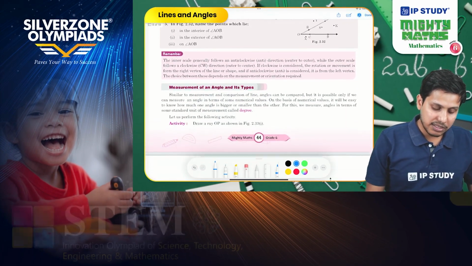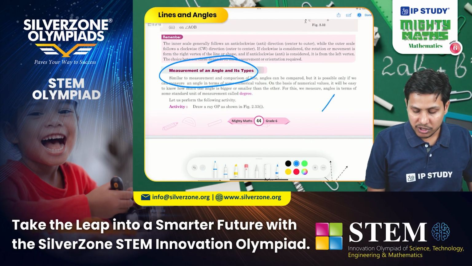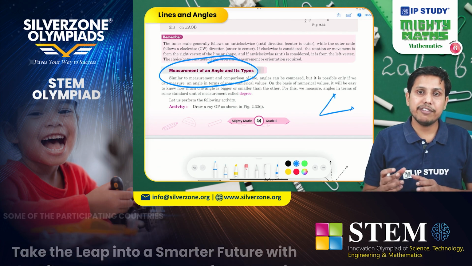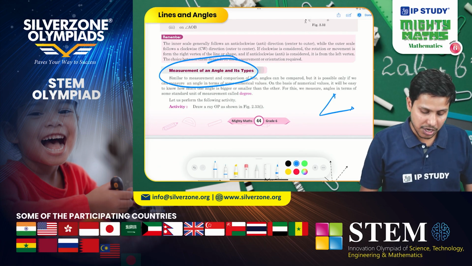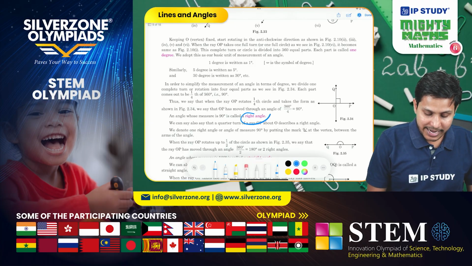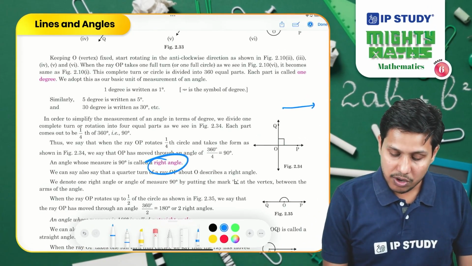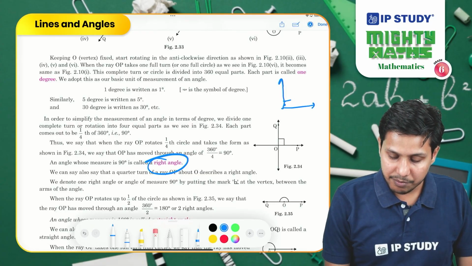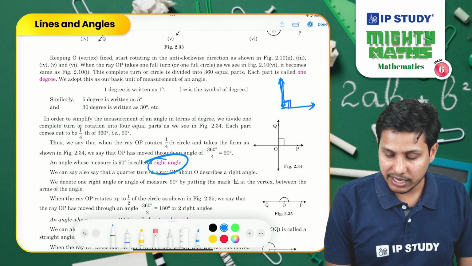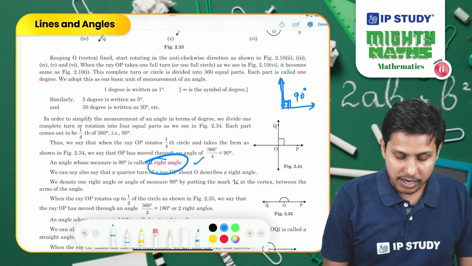Measurement of an angle, how to measure an angle and its type. Depending upon the rotation, different angles have different values, and we can classify different angles based on their values. We have right angles. If the rotation of a ray looks like this, where they are perpendicular, that is, it was horizontal and now it is vertical, then the angle formed has a value of 90 degree and it is called a right angle.